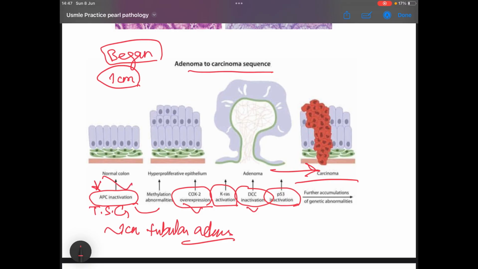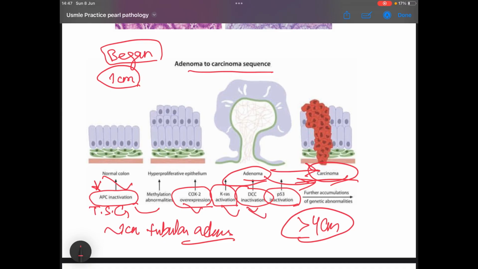But if it is more than 4 centimeters and is converting into malignant cancer, like adenoma into carcinoma, then the most commonly responsible genes are KRAS activation, DCC inactivation, and P53 inactivation. Okay?